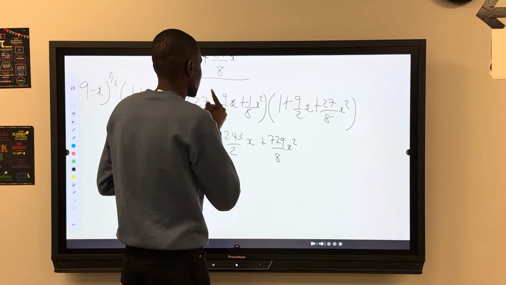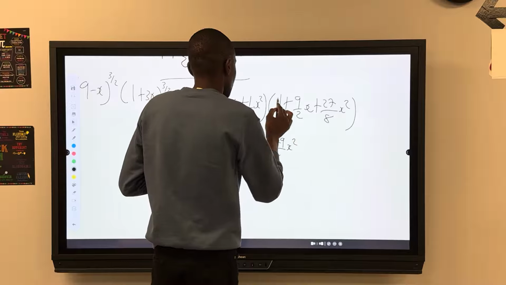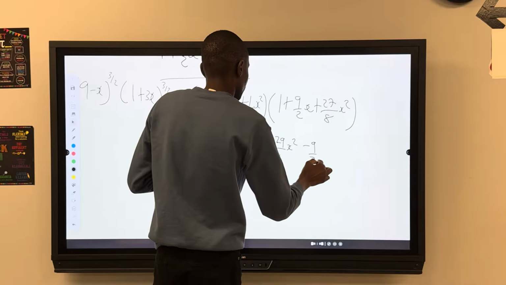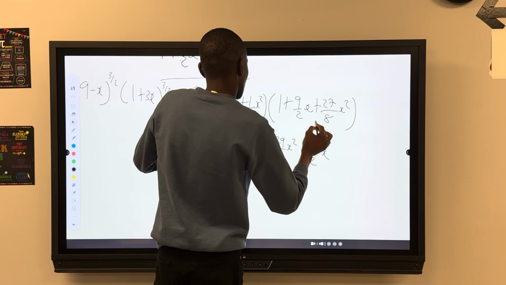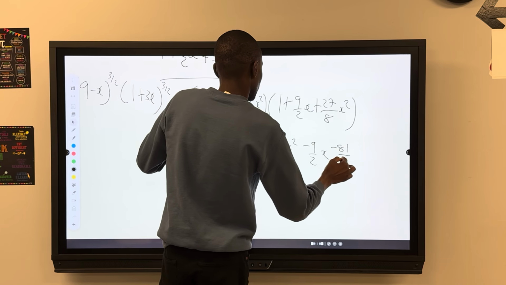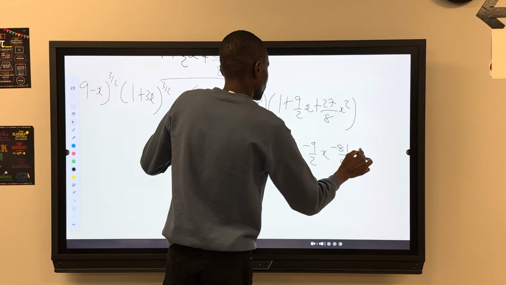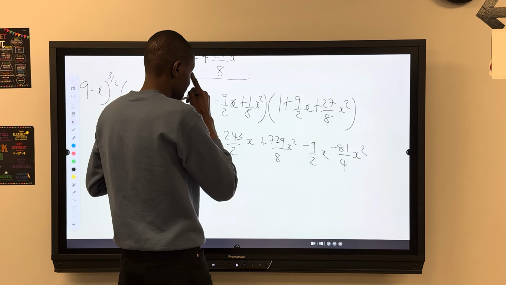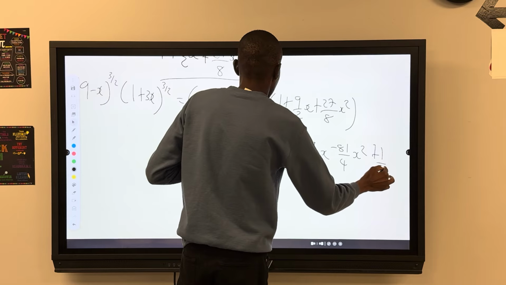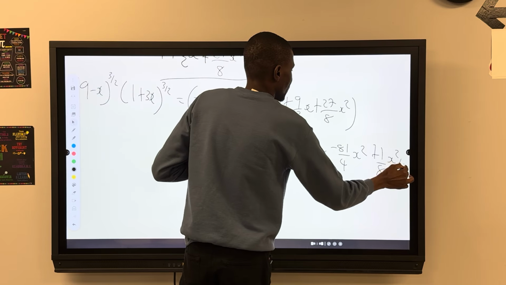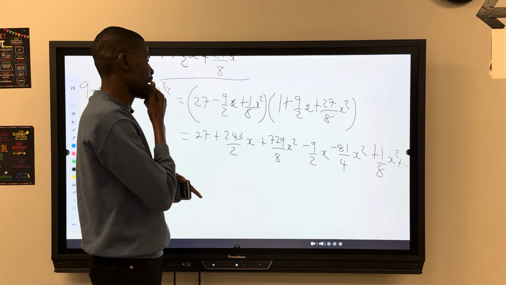We are done with this. Now let's multiply with that. This and that, minus 9 over 2x. This and that, it's minus 81 over 4x squared. So when we are done with this, we have to multiply this by that, so plus 1 over 8x squared. Other powers are now higher powers.